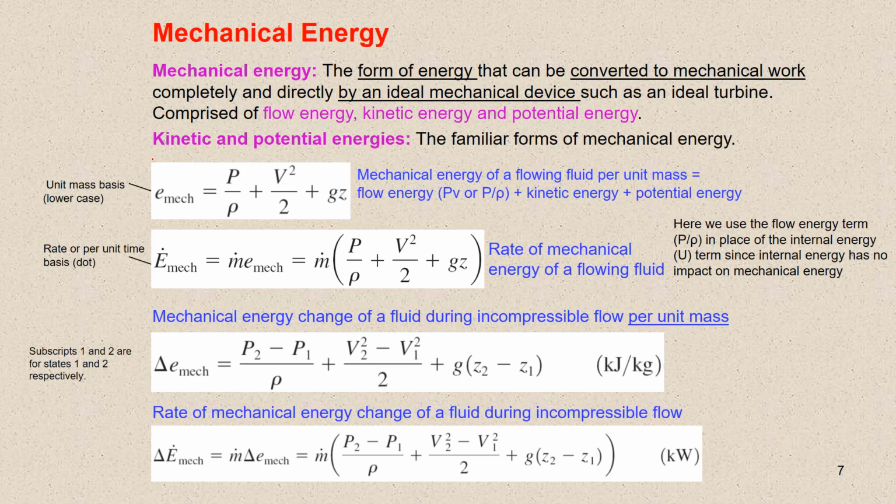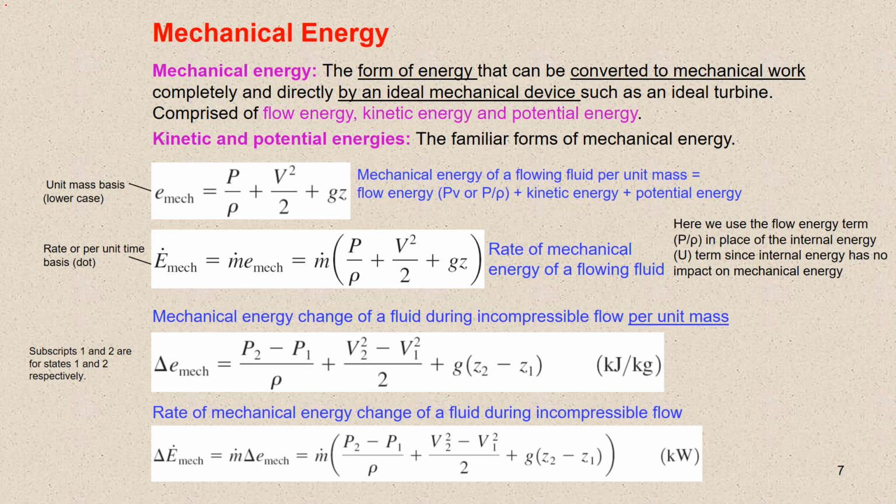In fact, the pressure unit Pascal, Pa, is equivalent to newtons per meter squared, or newton times meter divided by meter cubed, which is equal to joules per meter cubed, which is energy per unit volume, and the product P times v, or equivalently P divided by rho, has the unit of joules per kilogram, which is energy per unit mass.